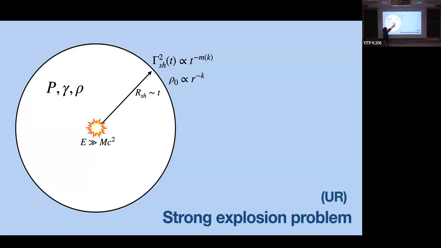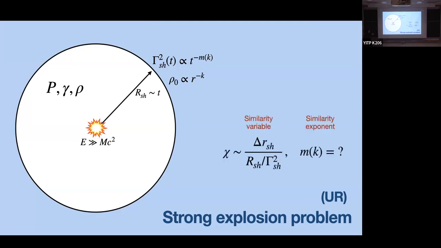So now you're looking at this parameter m of k. k is again the exponent of the density profile, and we need to find this m in order to get our self-similar ODEs and solve the equation and get our solution. And so this is a spherically symmetric problem.